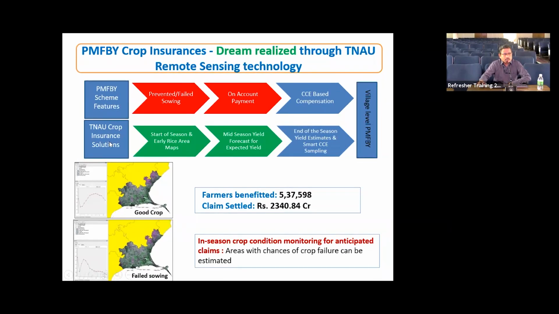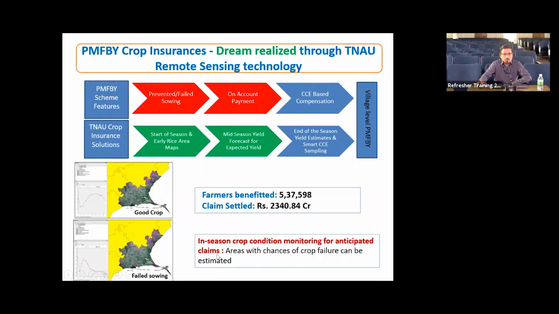We have developed crop insurance solutions wherein we generate start of the season map, yearly rice area map, then mid-season yield forecast and the expected yield. So using this, the insurance companies can assess the condition of the crop and settle the amount precisely. And out of this, lakhs of farmers have been benefited and 2,340 crore have been settled.